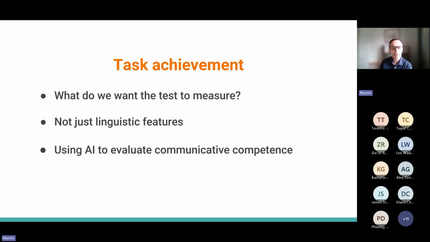So that's where AI has made the biggest leap forward in the last 2 or 3 years, and it has really changed what I think can be done in an automated test, and particularly an automated speaking test.